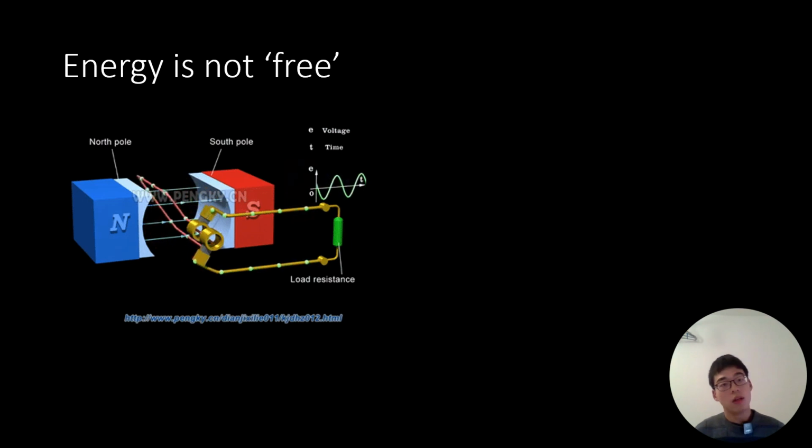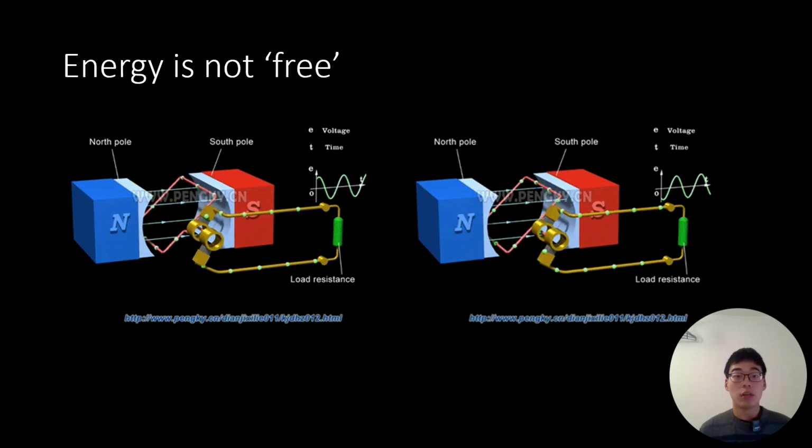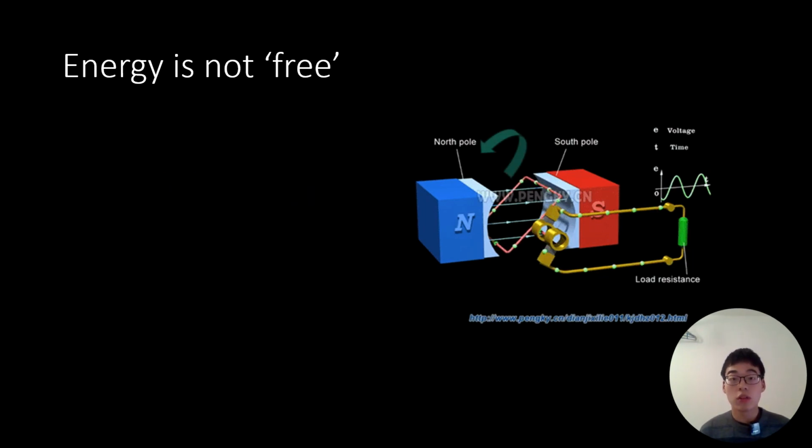In the final section of this video, I want to emphasize that energy is not free. Just because of Lenz's law, when we have the power generator, taking this instance as an example, when we rotate anti-clockwise, there will be a force acting on the magnet to prevent it from rotating.